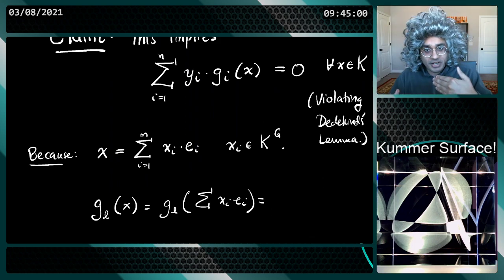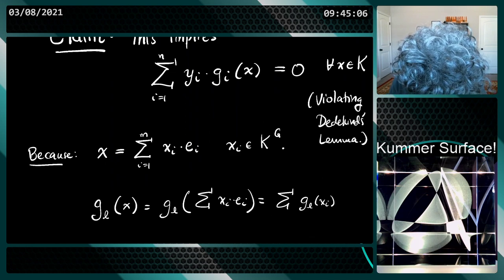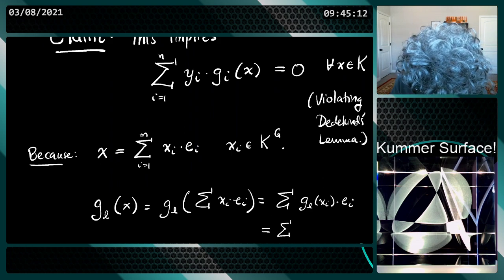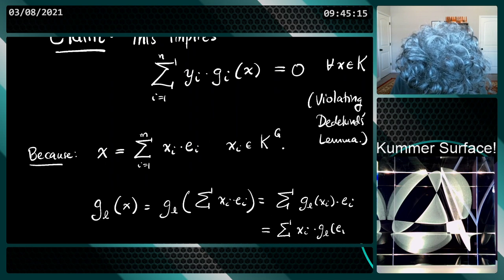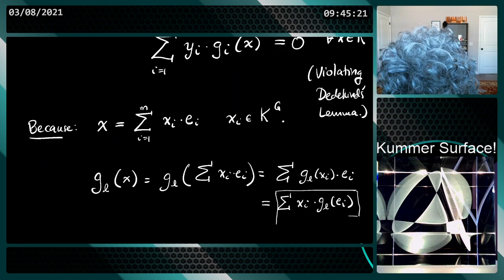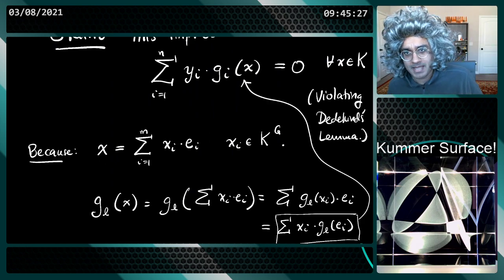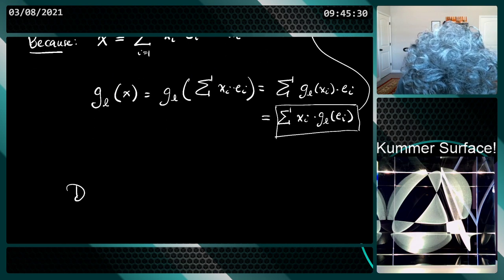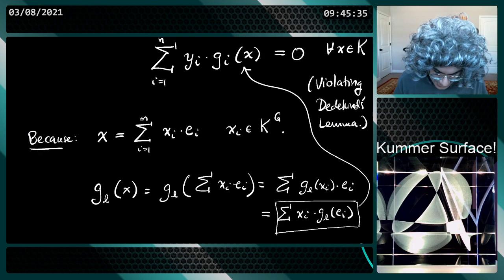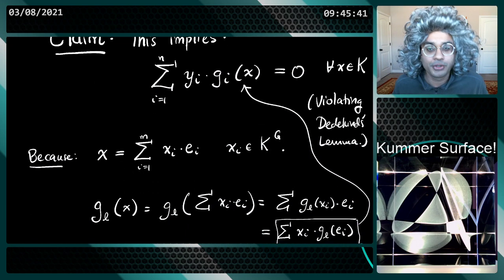So they distribute across sums and products. And so these individual sums get placed right here. And then you just distribute across, and use that these individual linear combinations were 0 to obtain the result.